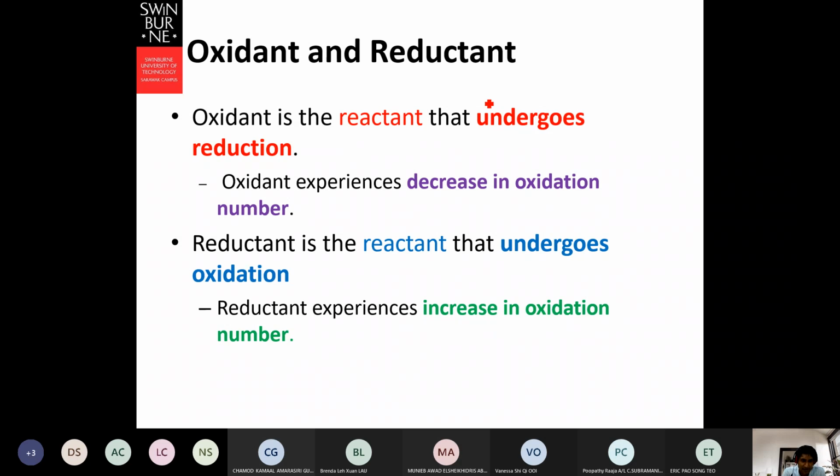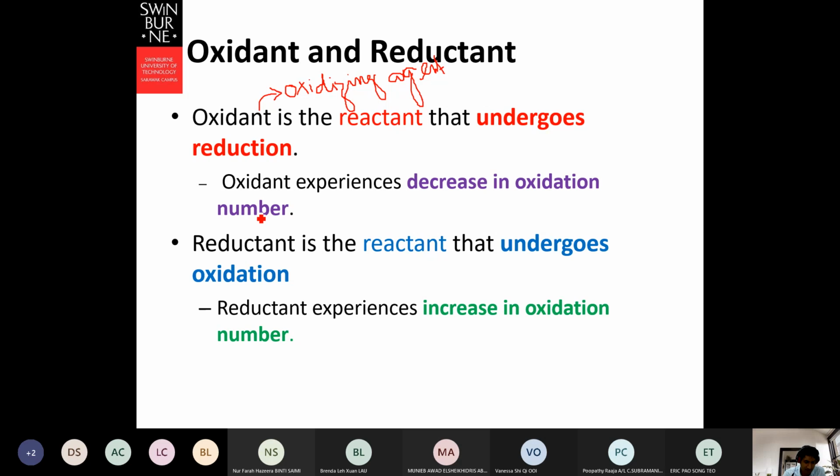Now, oxidant is sometimes referred to as oxidizing agent, and reductant is a reducing agent. Oxidant is the reactant that undergoes reduction.